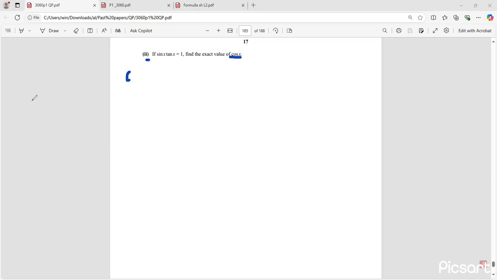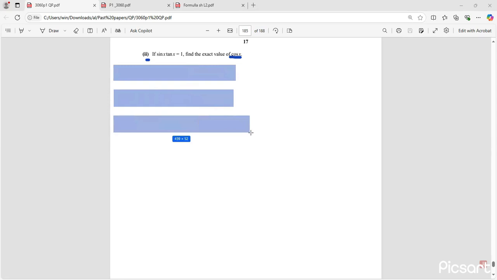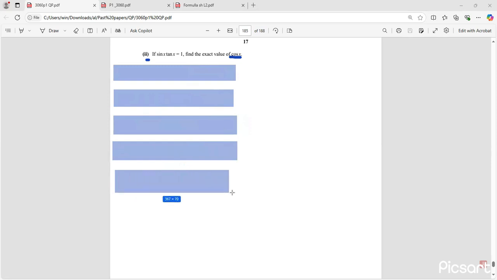Let me make it steps for you: step number 1, step number 2, step number 3, and 4, then 5. I'll try my hardest to make it 5, because I want to give you the exact simplifying.